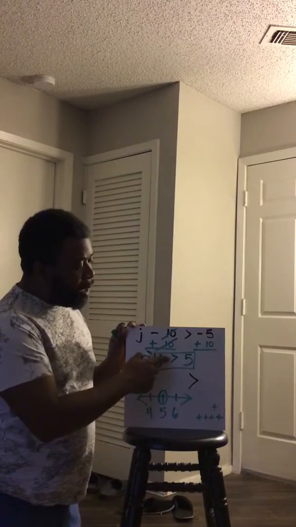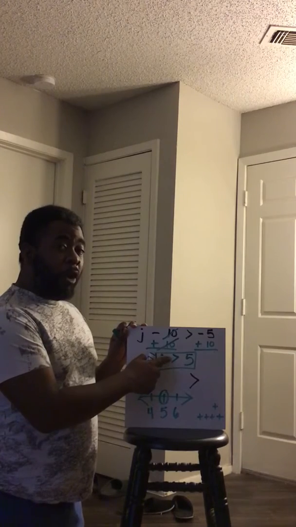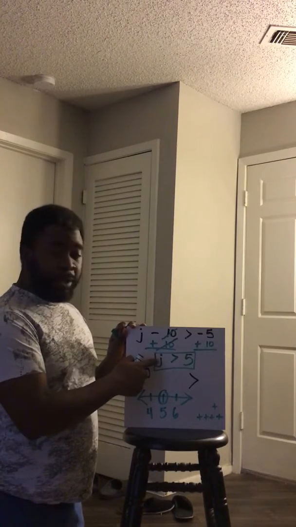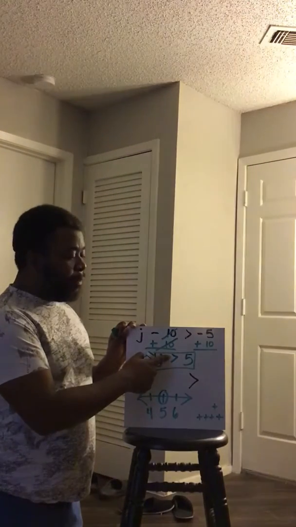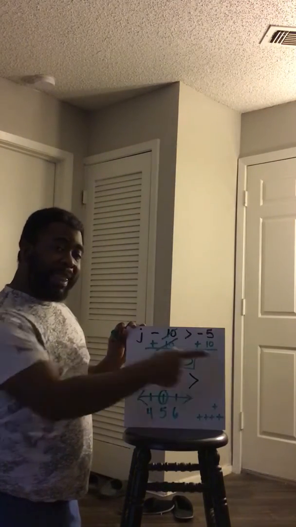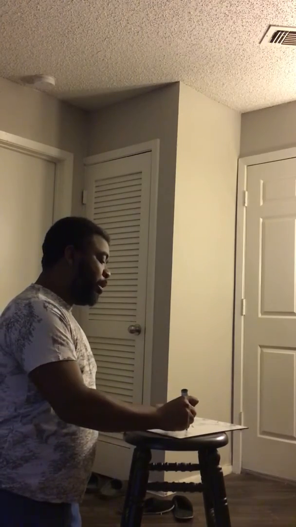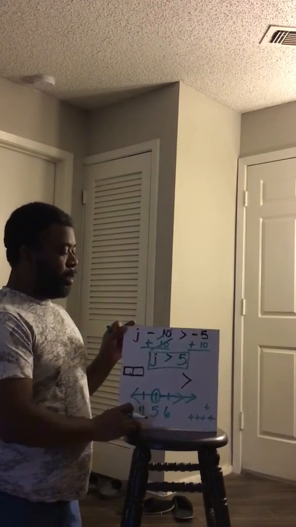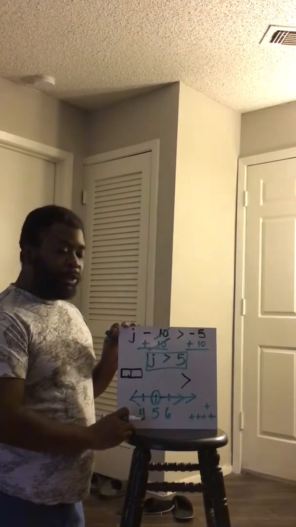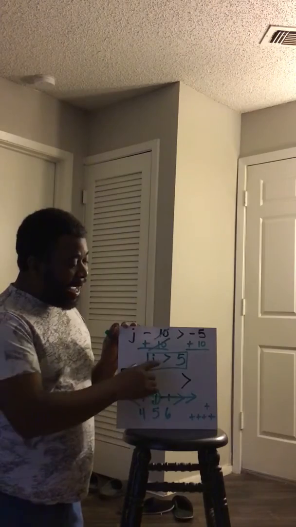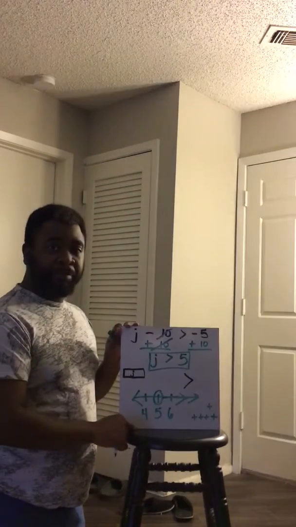And then my inequality symbol points in the direction for all the answers that J could be. So it has to be numbers that are bigger than 5. The arrow is pointing that way, so my arrow needs to go that way. And that's how I would plot it on a number line. So remember, inequalities, the answer pretty much tells you how to make your number line.